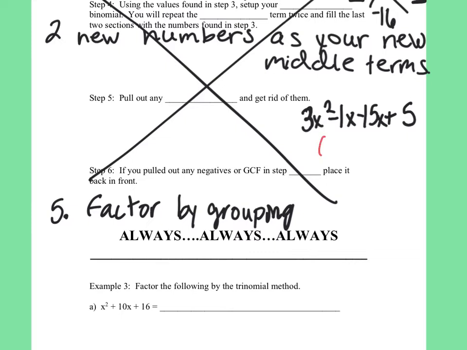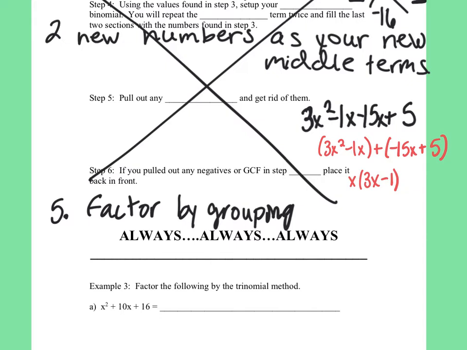So first 2 terms, 3x squared minus 1x, plus sign. Second 2 terms. Three and 1 are just going to have a 1 in common. But what about x squared and x? X. When I pull that out, I'm left with 3x minus 1.